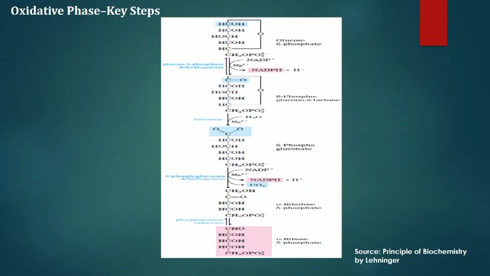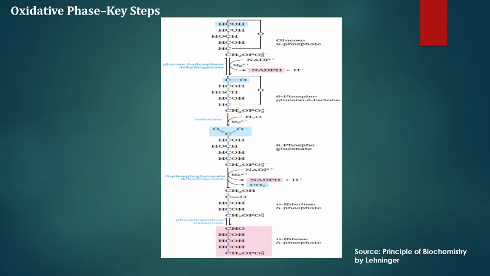Now let us see the reactions. If you see this reaction, like I told you, glucose 6-phosphate is converted into 6-phosphogluconolactone and then the 6-phosphogluconate molecule. Here you see the specific enzymes involved, highlighted in blue on the left-hand side of the reactions, like glucose 6-phosphate dehydrogenase.